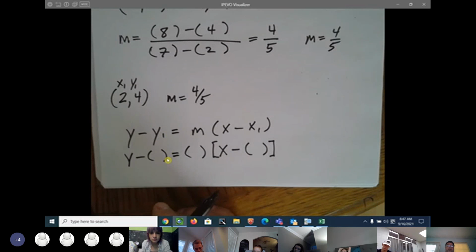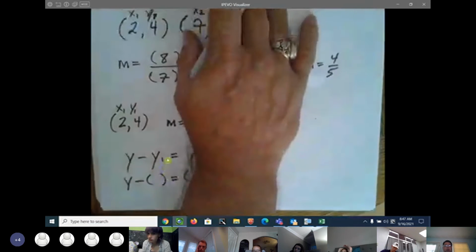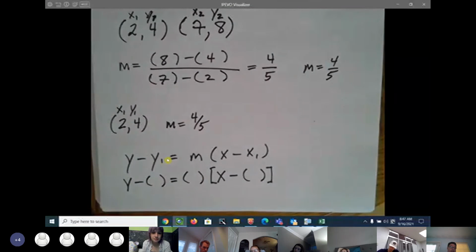Does anybody know why I picked 2 and 4? Why didn't I pick 7 and 8? That means I want somebody to say something. Why did I pick 2 and 4?